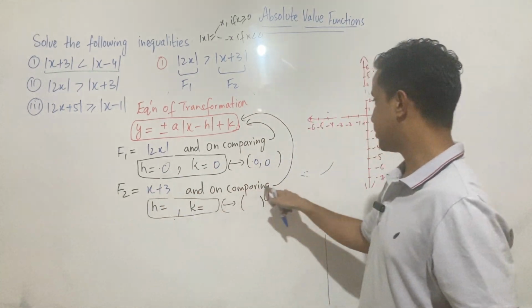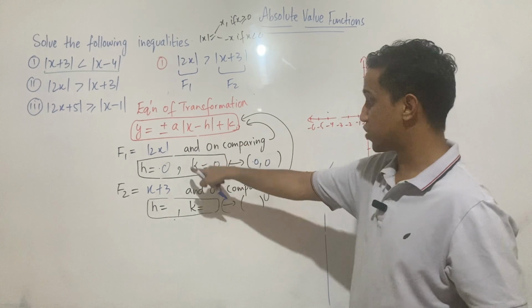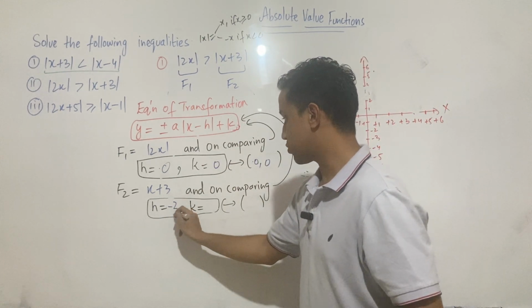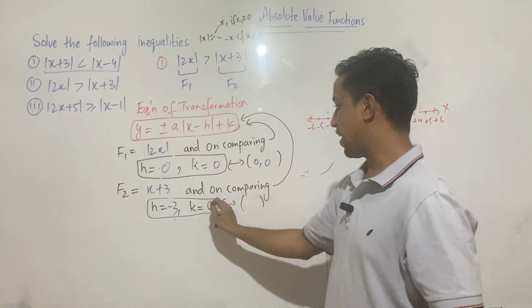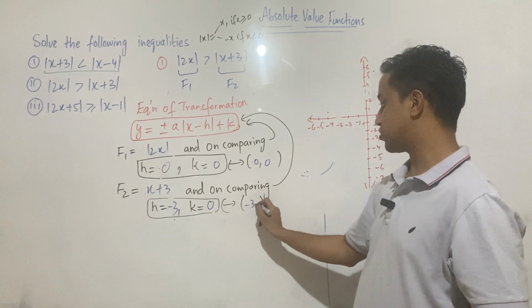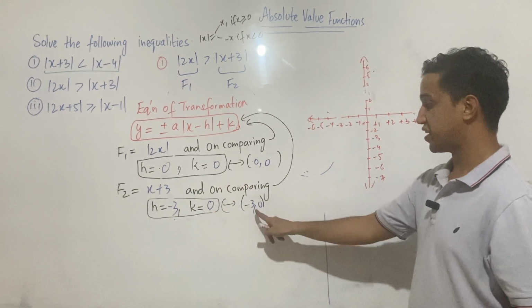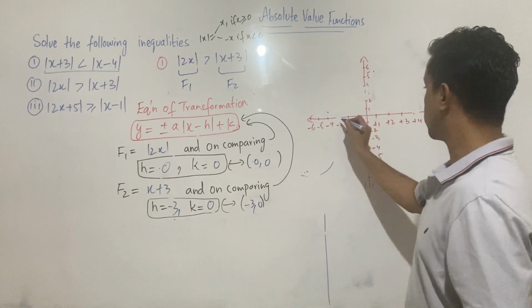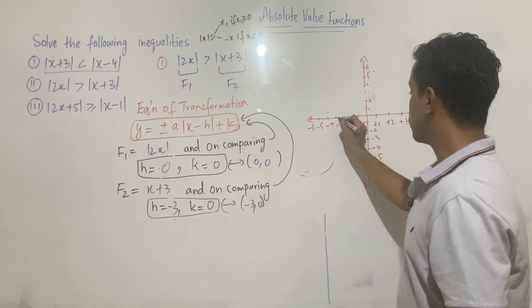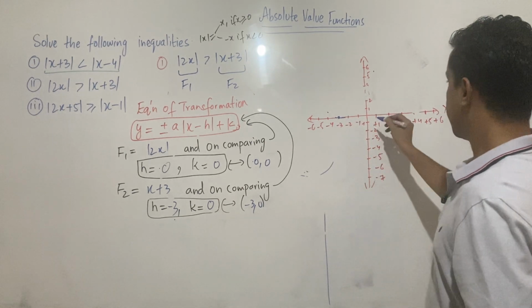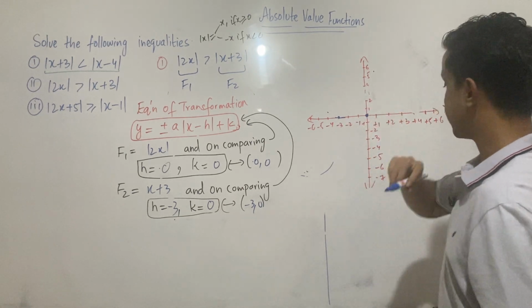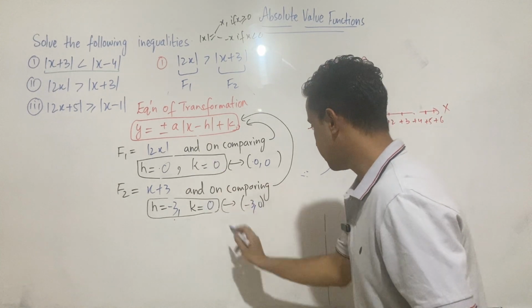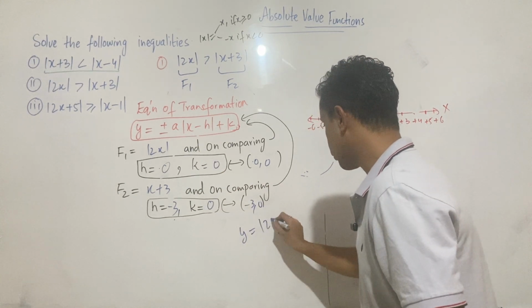If you compare this equation with the equation of transformation, then your h is going to be minus 3, x-intercept minus 3, and y-intercept 0, so the vertex will be at minus 3, 0. So you will get one vertex here and one at the center.